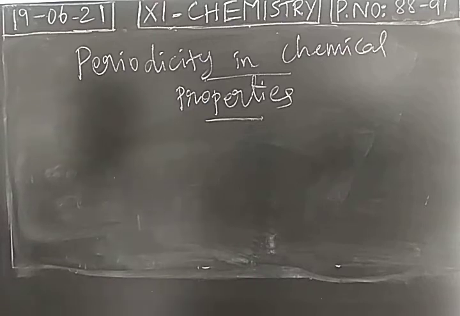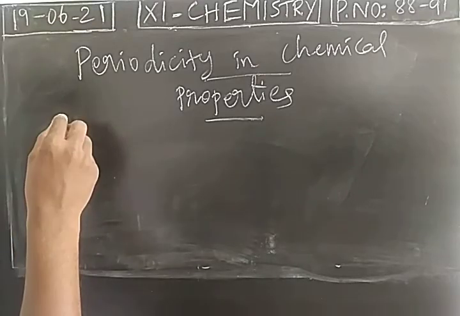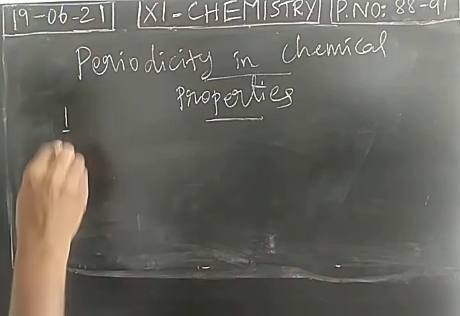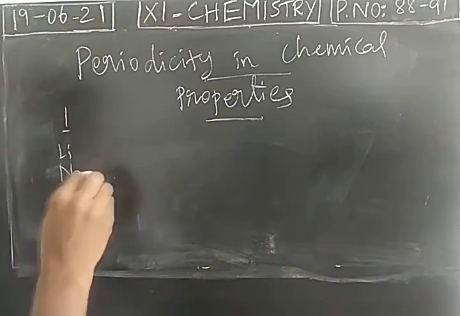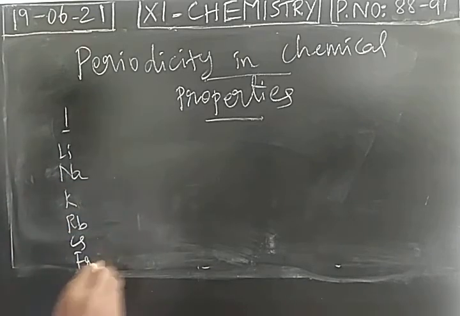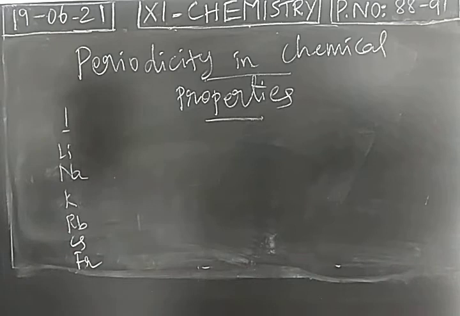When we consider the modern periodic table, which is the more reactive element? Consider first group elements: lithium, sodium, potassium, rubidium, cesium, francium. The elements present in the extreme left side of the modern periodic table are highly reactive towards the formation of ionic compounds.